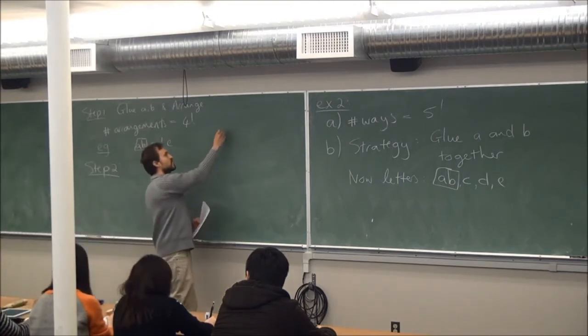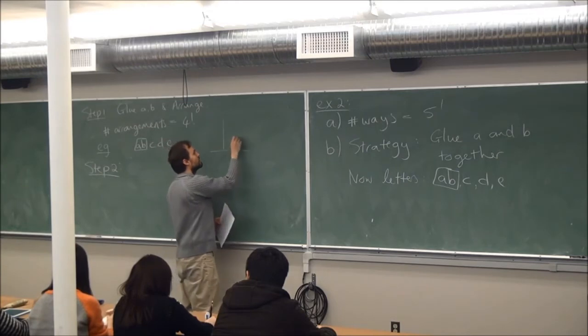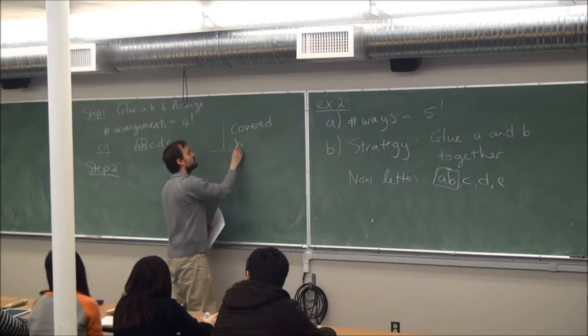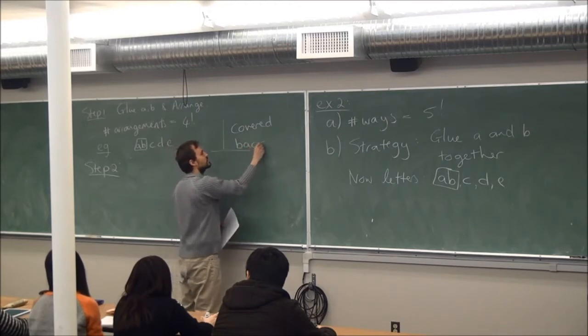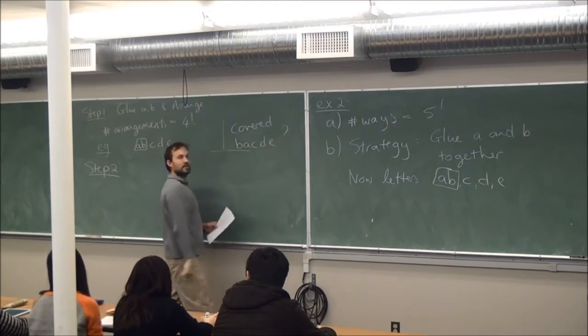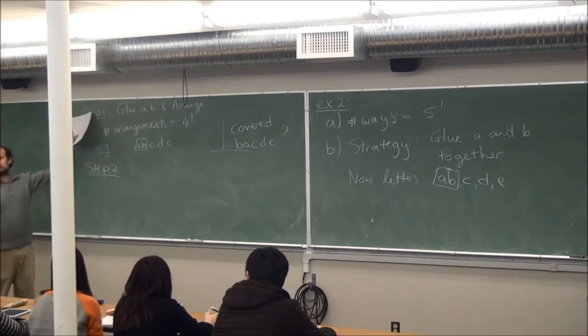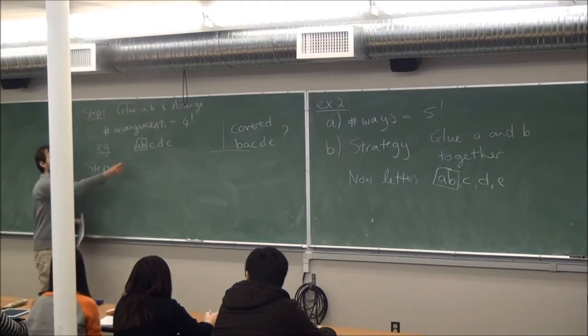If I stop at step 1, have I covered the possibility B, A, C, D, E? Have I covered that arrangement? That's a valid arrangement. Have I done it if I stop at step 1? No, because I glued them in this way.